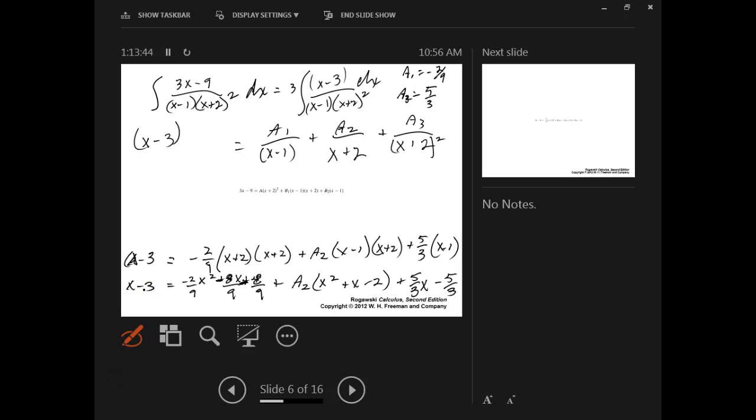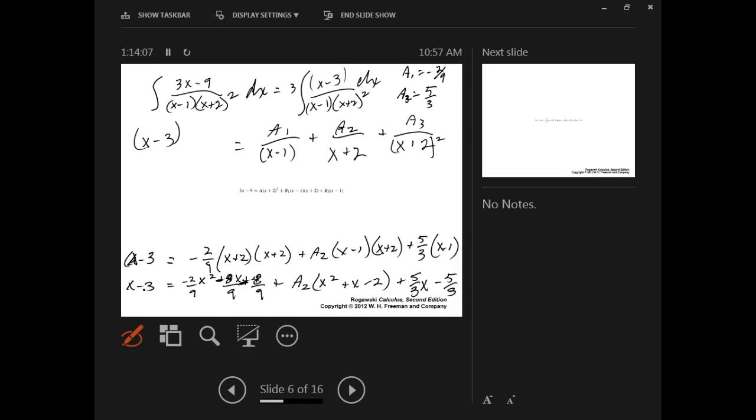Now this is a lot of mess to give you a very simple answer. Because this says that if you look at the x squared terms, you don't have any x squared here, right? It's 0 is equal to minus 2/9 plus A2, because none of the rest of these have x squared.